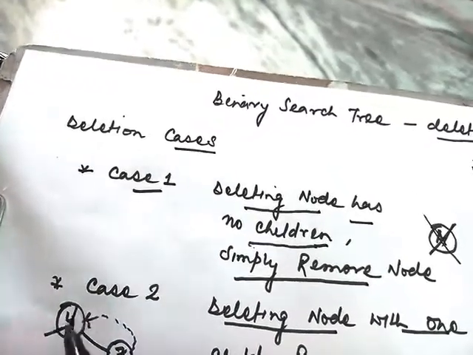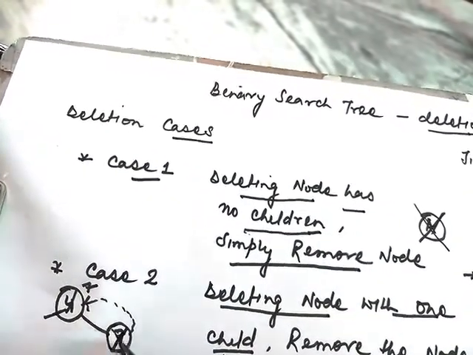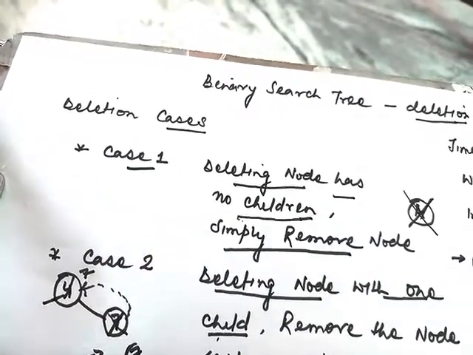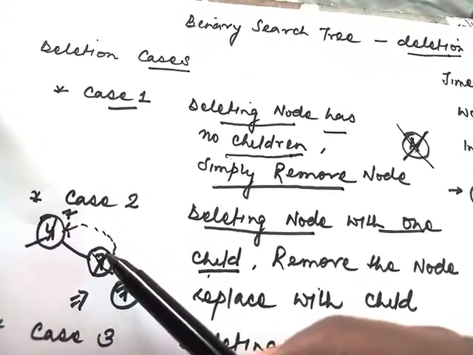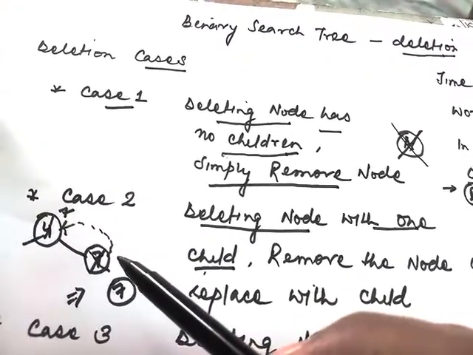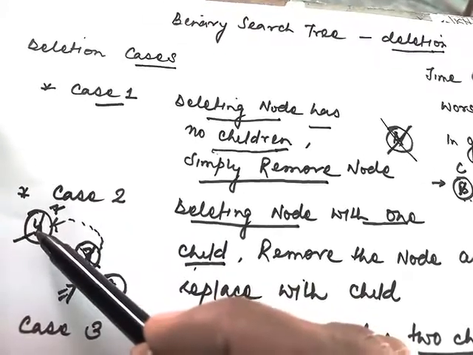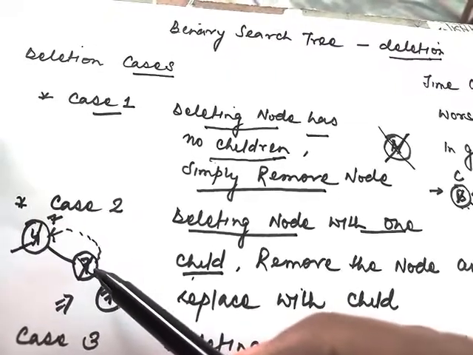So instead of 4 it will be 7, and then remove this node. So finally what is the result? We will have only one node that is called 7. So always remember, if there is only one child either on left or on right, just copy that child to the deleting node and remove that child, that is 7.